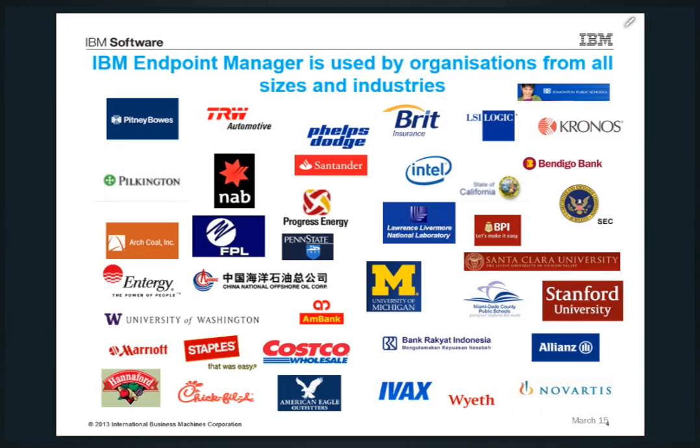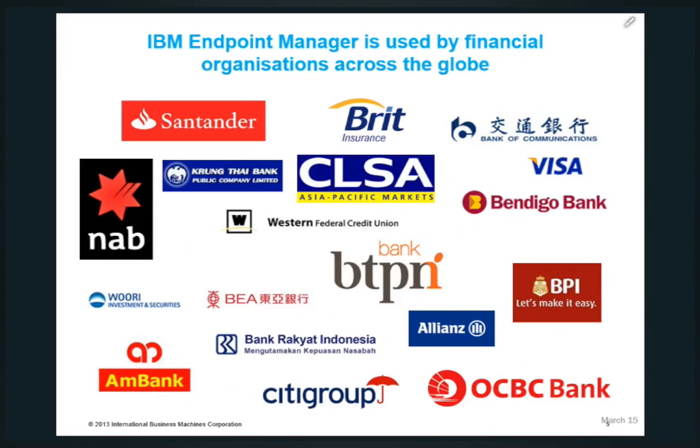I'm going to skip through a lot of the logo and organizational size pieces. IBM Endpoint Manager doesn't fit in one particular vertical. We're pretty much all over the place. We basically eat our own dog food as well, in that we're using this product. We were bought almost 6 years ago.